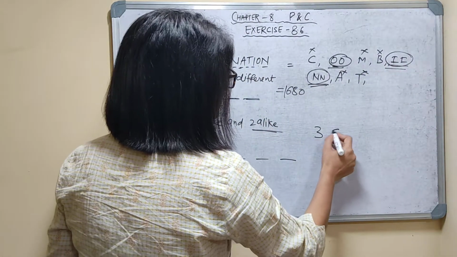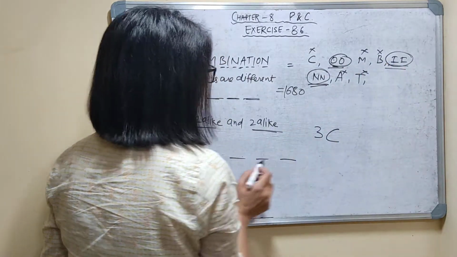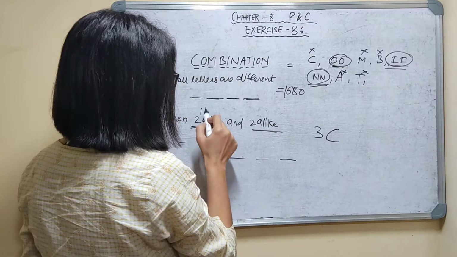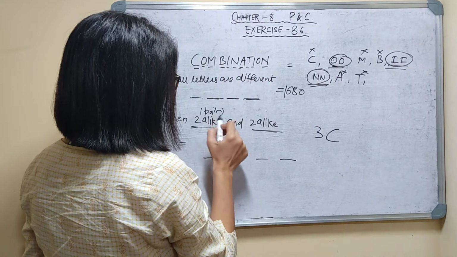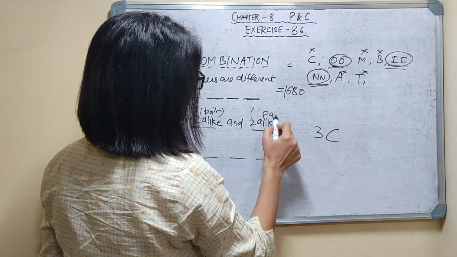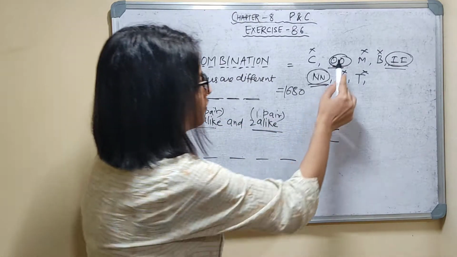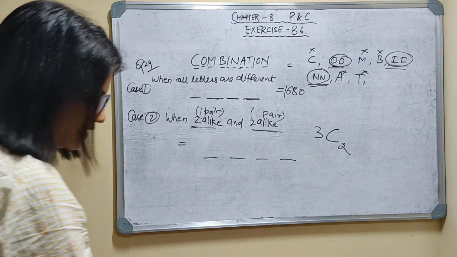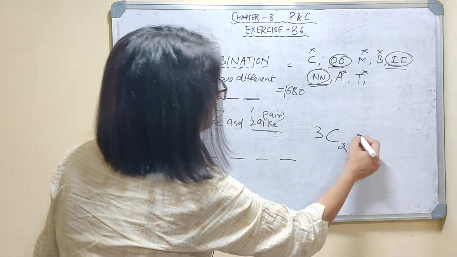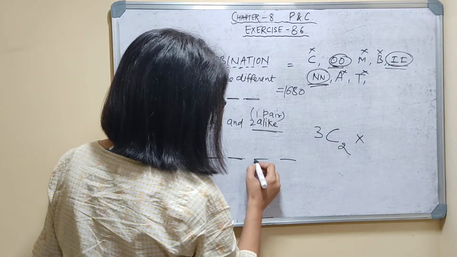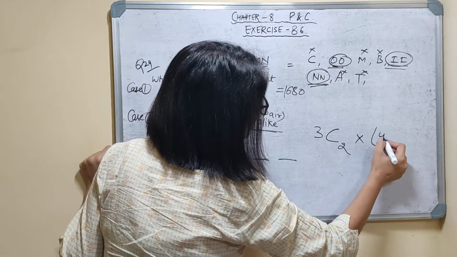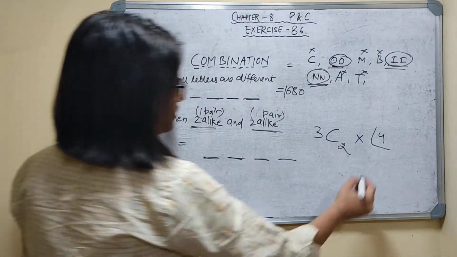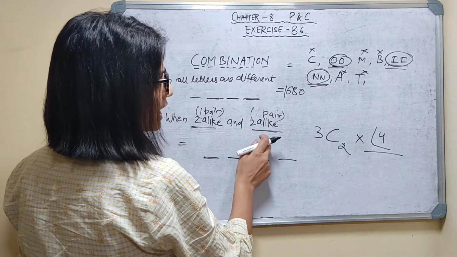So how many pairs do I have to take? 2 alike is 1 pair, and another pair. 2 pairs I have to take. So from these 3 I have to take 2 pairs: 3C2. Now how many words are there? It's the permutation of 4 objects, with 2 alike and 2 alike.